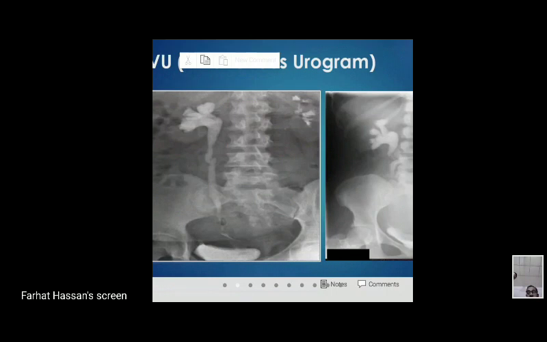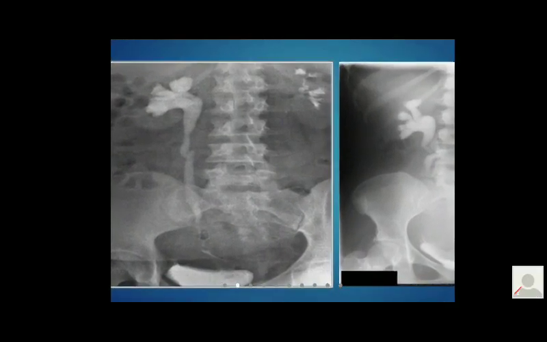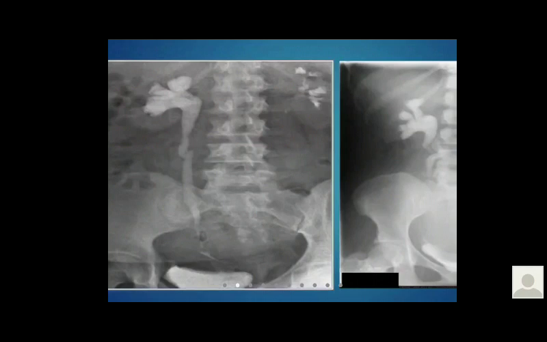So what are the causes of bilateral hydronephrosis? The acquired causes are BPH, urethral stone, stricture urethra, carcinoma prostate, bladder neck stricture, and bilateral ureteric stone.